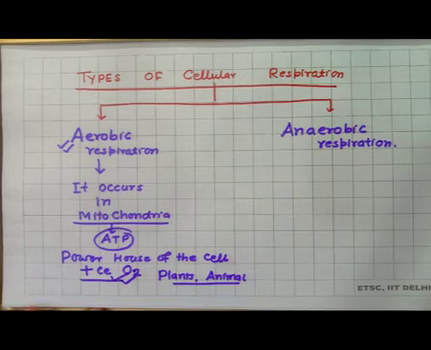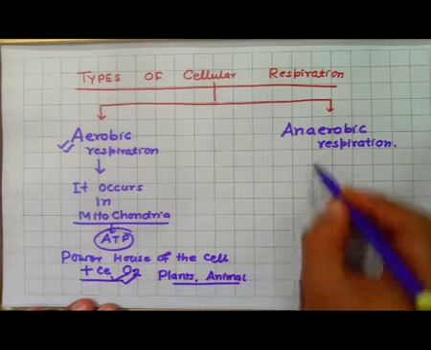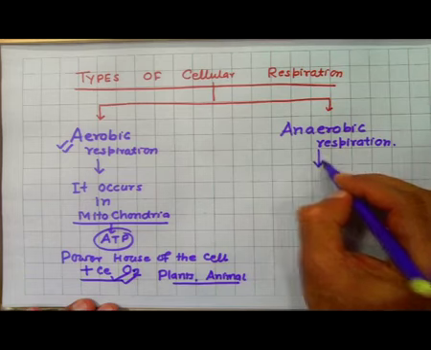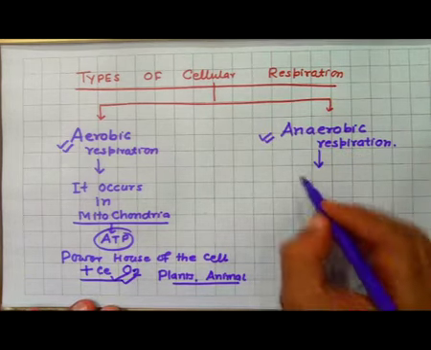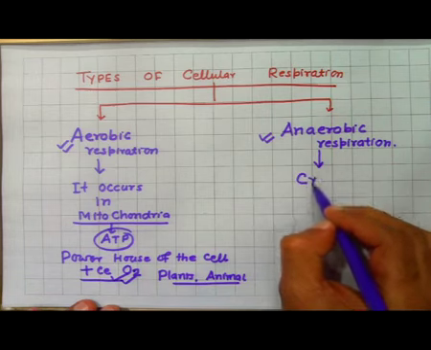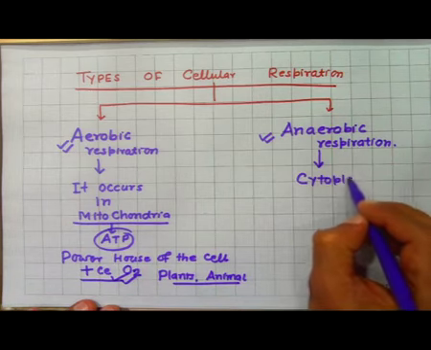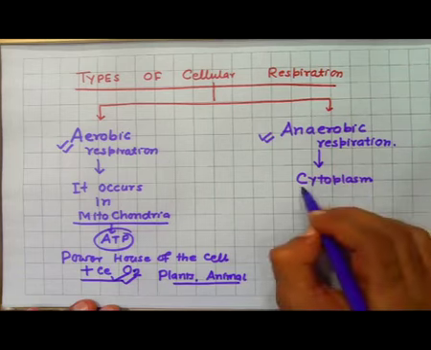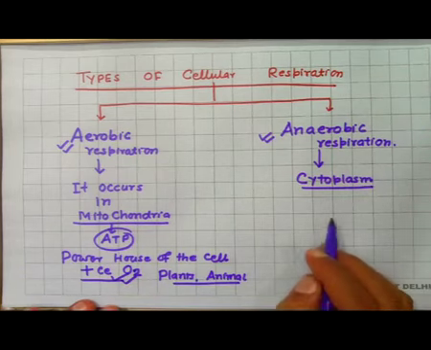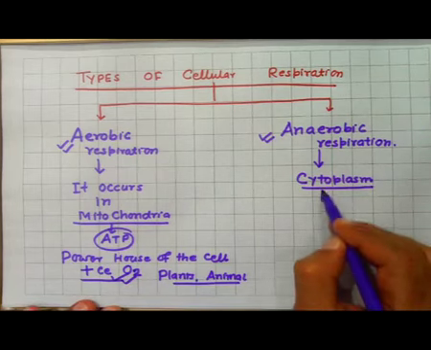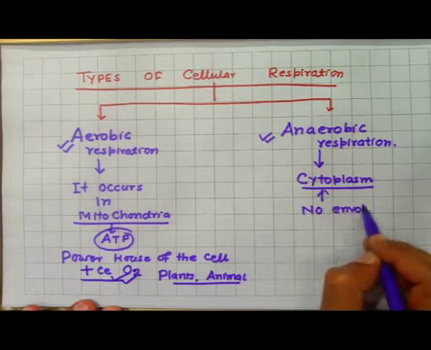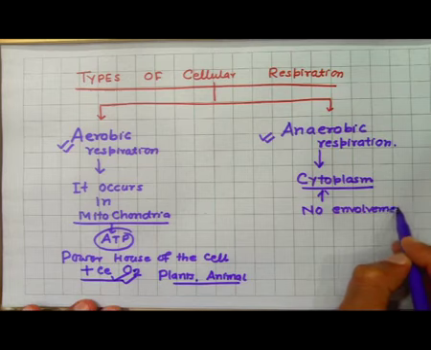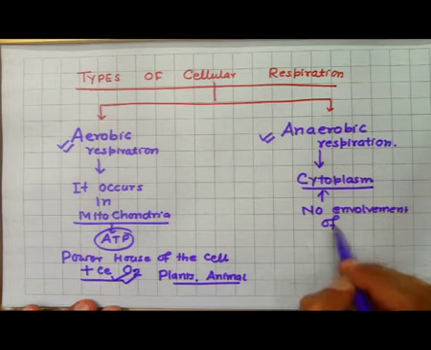When there is no involvement of oxygen, that type of respiration is called anaerobic respiration. It takes place in cytoplasm. There is no involvement of molecular oxygen.